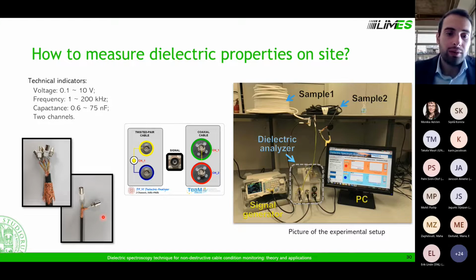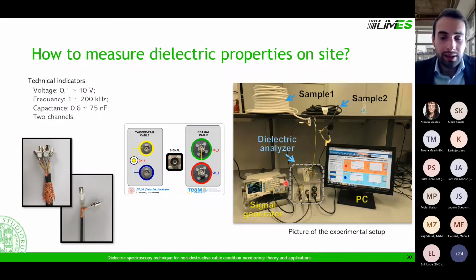But we also wanted to build a portable device which is able to perform the dielectric spectroscopy in the frequency region of interest, the one that I have just described, the highest frequency one. To do so, we have built a portable dielectric analyzer that is shown here in the picture.